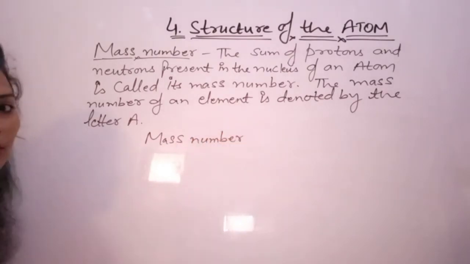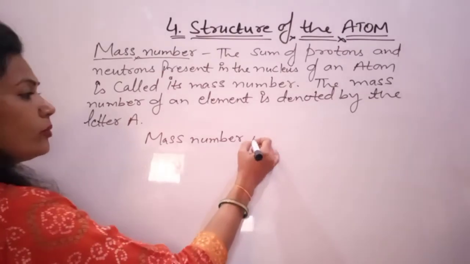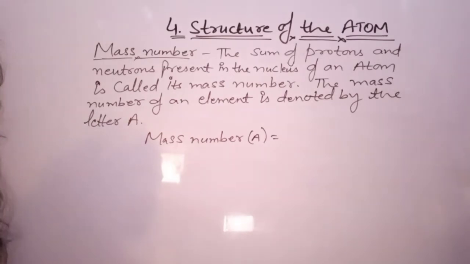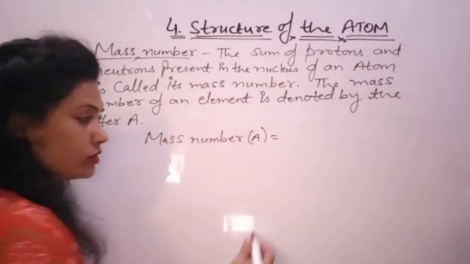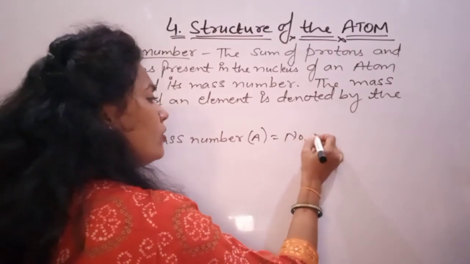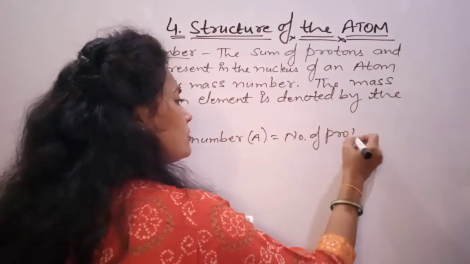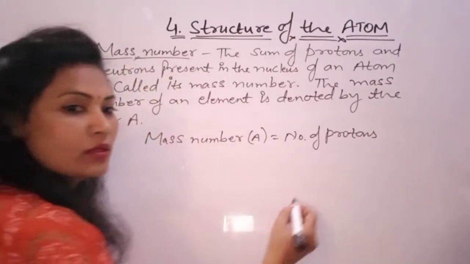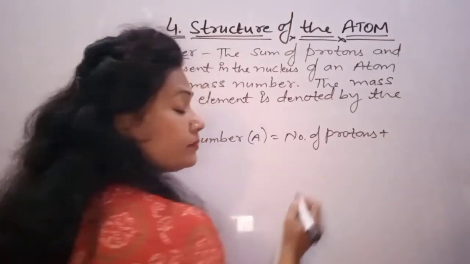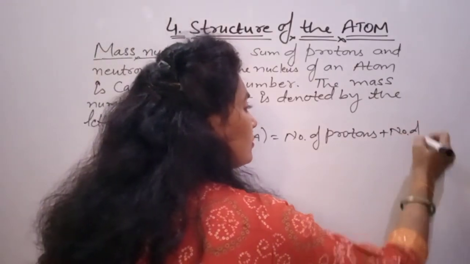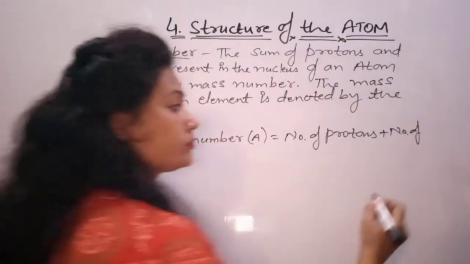Now the formula of the mass number. Mass number, denoted by capital A, equals the number of protons plus the number of neutrons.